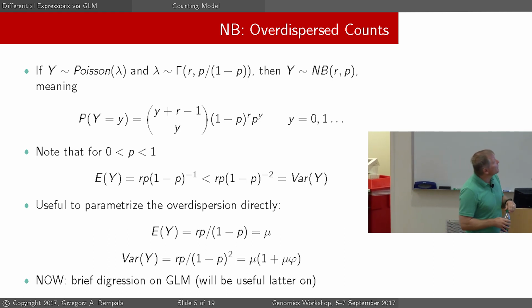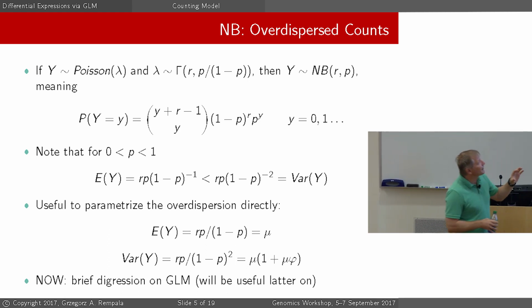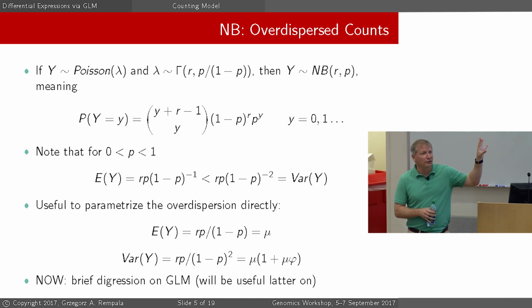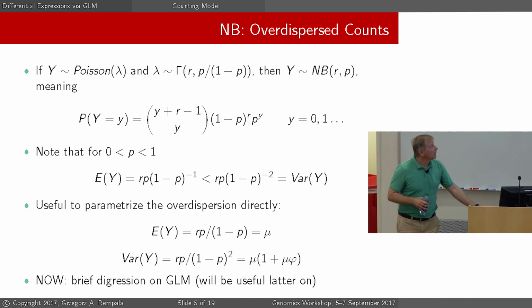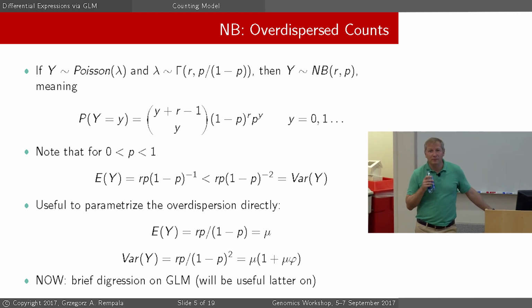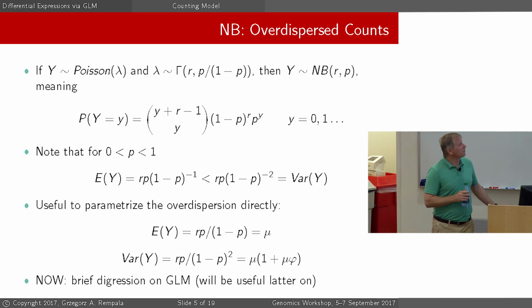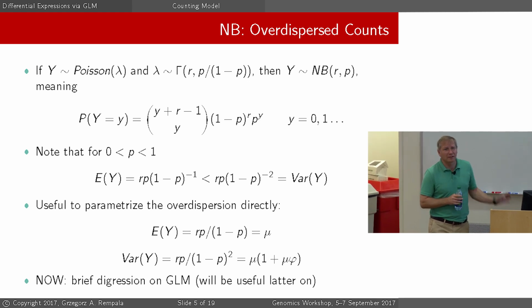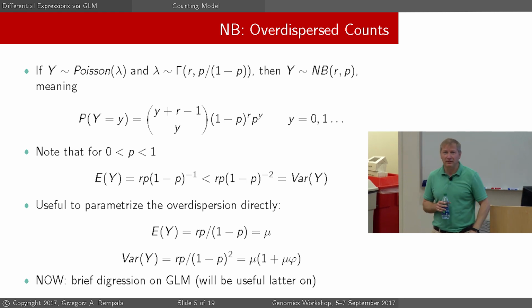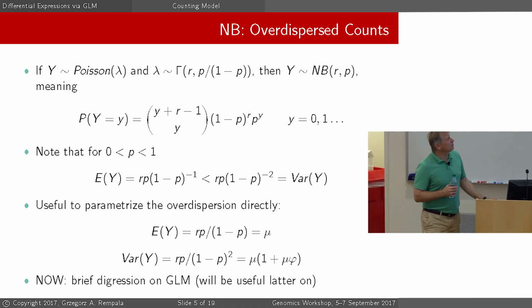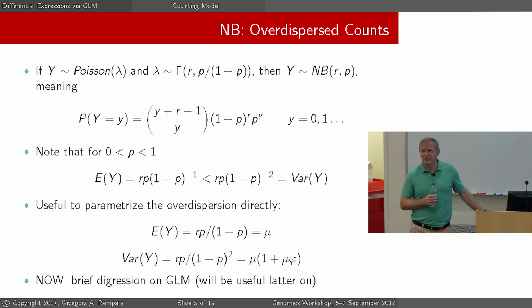The negative binomial model is an attempt to take this over-dispersion into account by saying, look, maybe your tag really is coming from a Poisson distribution, but the mean of that Poisson distribution, which I denote by lambda, skipping the subscript since I'm talking about a single tag right now, is not really a constant.